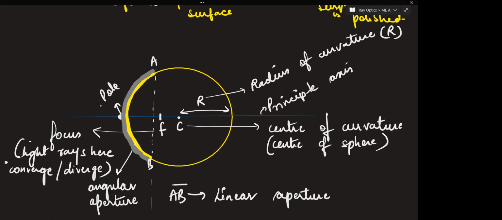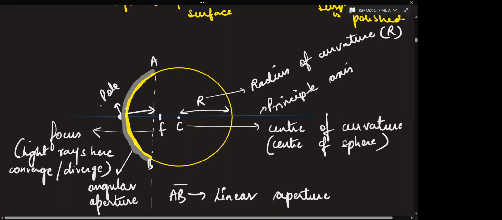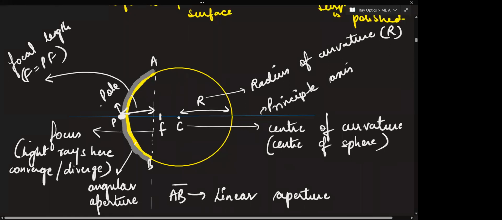Now, the distance between the pole and the focus is known as the focal length. If this point is P, then the focal length is PF, the distance between the pole and the focus, the point at which light rays are converging.